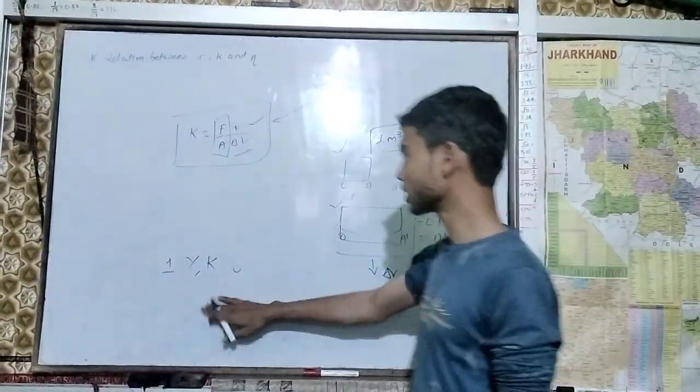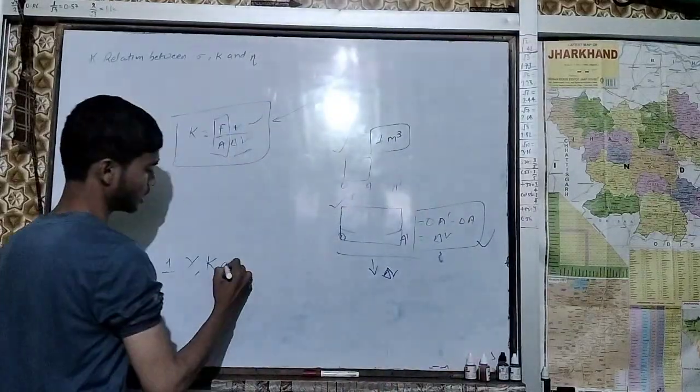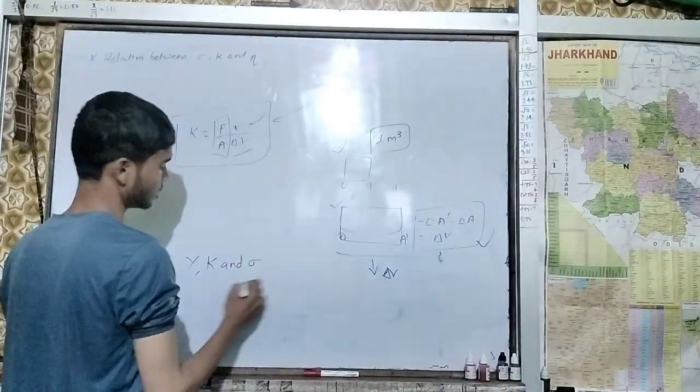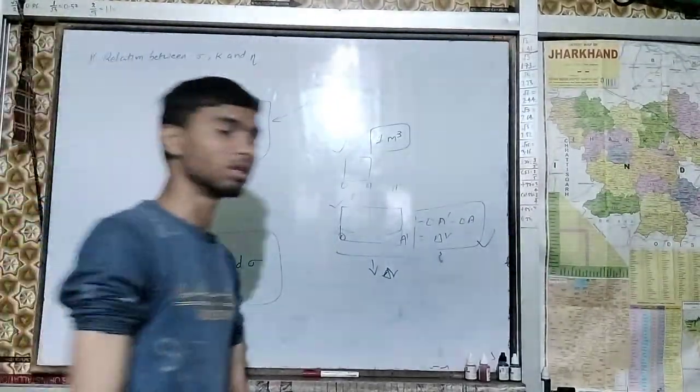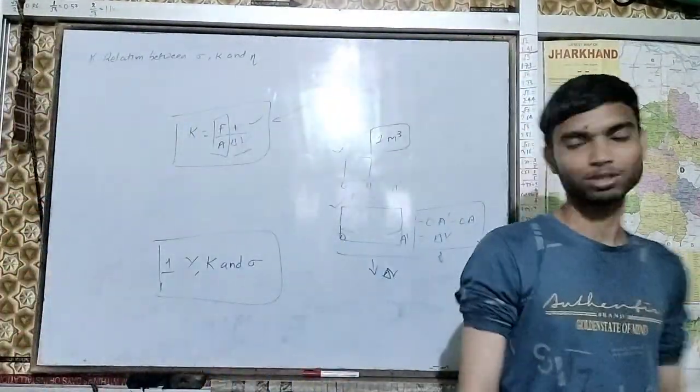Not eta and Poisson ratio, that is for the other one. This is our first relation: Young's modulus, bulk modulus, and Poisson ratio.